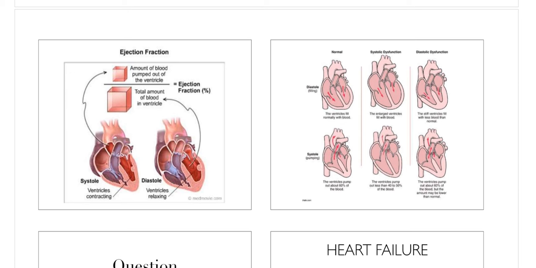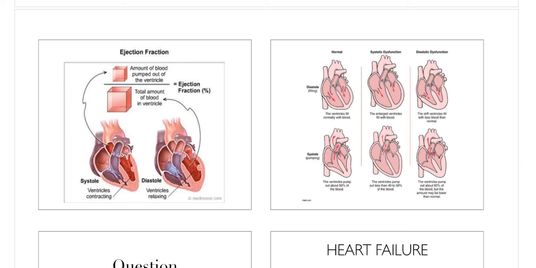So this is all weakened tissue. This all has the ability here, as you can see, of being able to fully expand to accommodate as much blood as the atria can fill up the ventricles, compared to a normal heart. In fact, compared to a normal heart, it may even be able to fill up with more blood because there's some dilation going on.